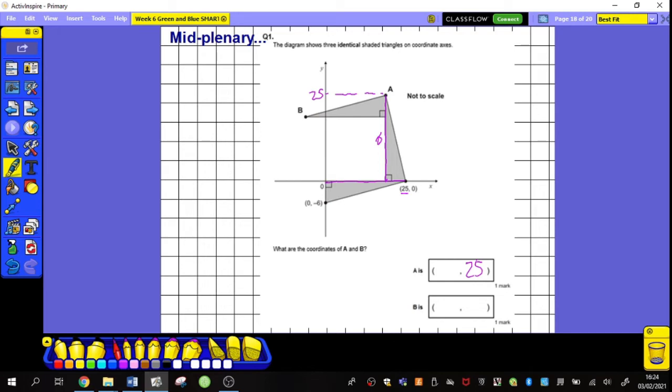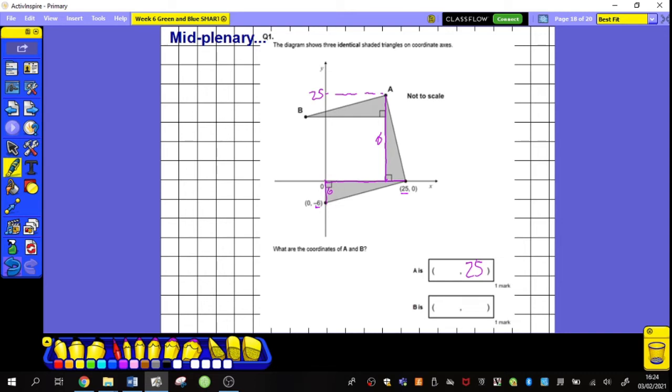Now let's think, how can I figure out how far along it is? I want to now find this point here. So how do I find that point? Well, I can see here, this is the other bit of information I'm probably going to need. I can see here that the point from 0 down to here is -6, so my y coordinate there is -6, so that length must be 6.